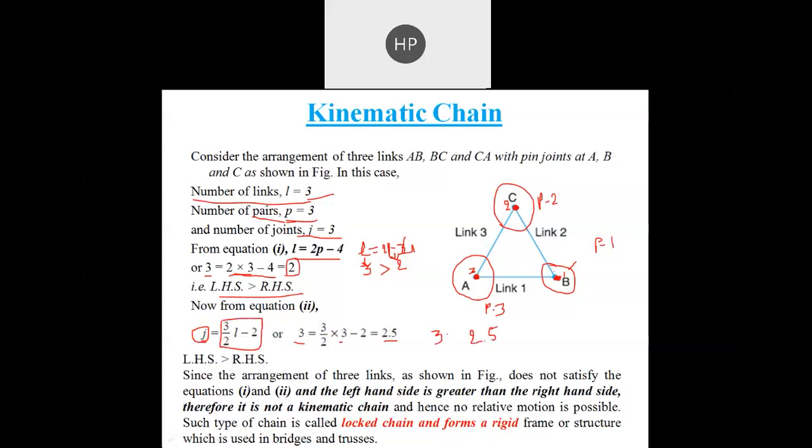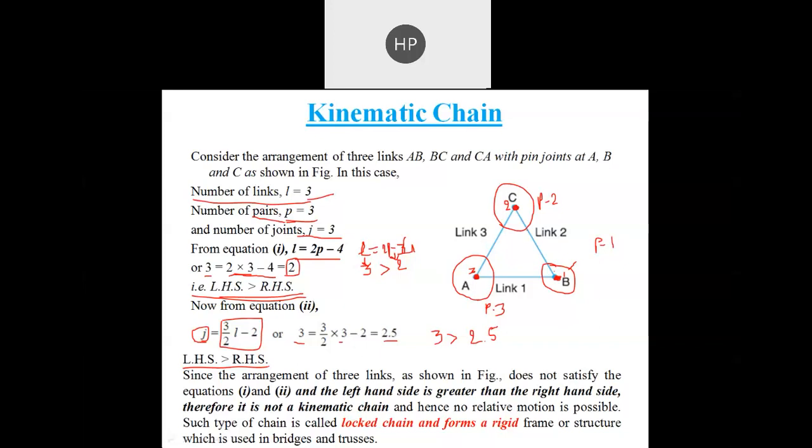So again the left hand side is greater than the right hand side. For both cases, for equation number 1 the left hand side is greater than the right hand side, and for equation number 2 the left hand side is greater than the right hand side.